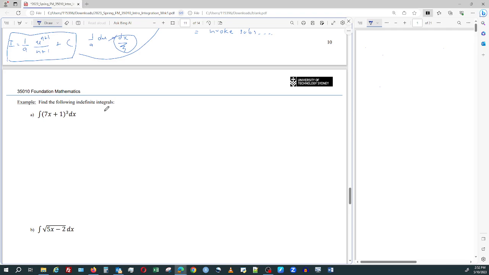Okay, so we're going to let, this is very important, please follow procedure, I'm begging you, u equal 7x plus 1. So do we run off now and rewrite like we did in the chain rule?